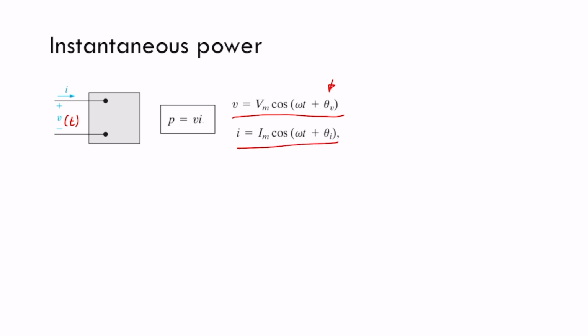And below I have the current, which is also a sinusoidal wave, and the important thing is that its phase angle is theta I. No matter what those values are, we can multiply them, so the instantaneous power, the function P of t, will be the multiplication of these two functions.